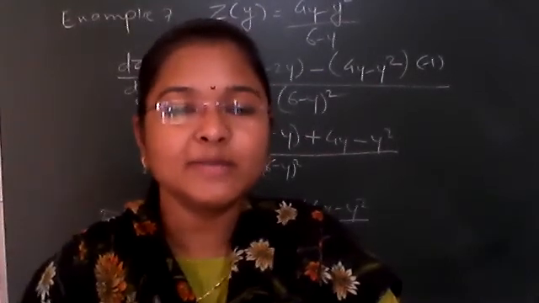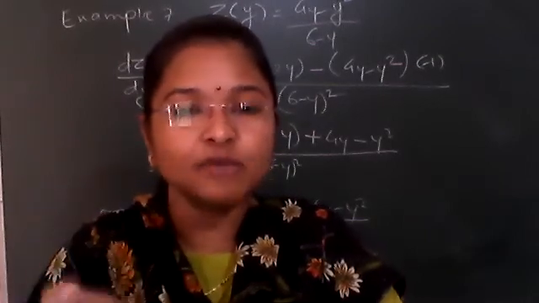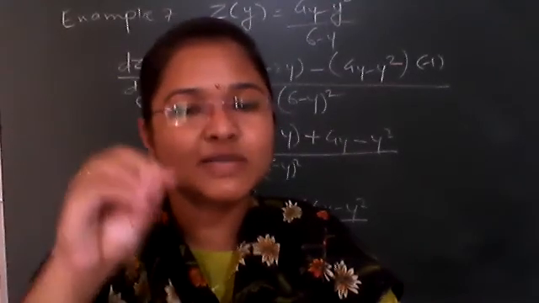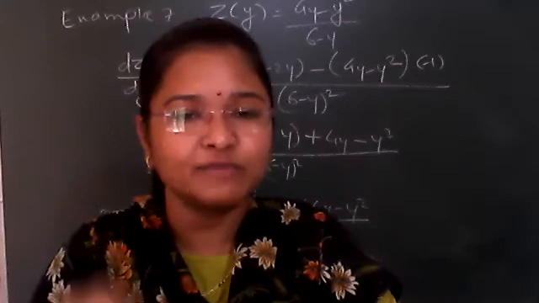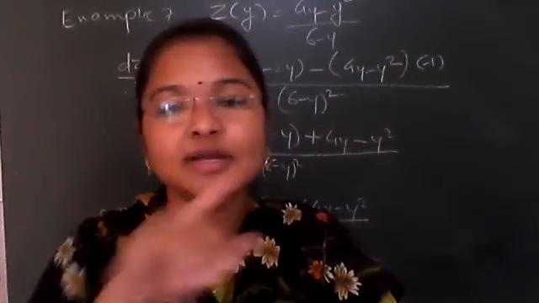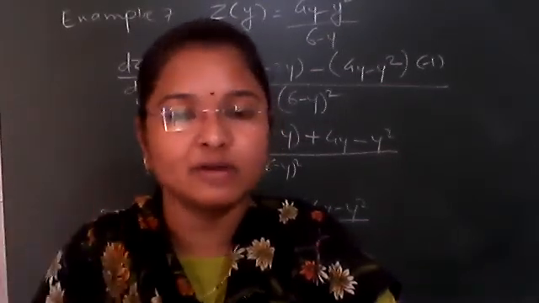See, what happens if you are committing mistakes in writing the functions in the formula directly? Many times you are substituting the functions or derivative of the functions directly in the formula. In that case, if your mistake is there, you will not get marks for that step. But if you write the formula, you will get 1 mark or half mark.